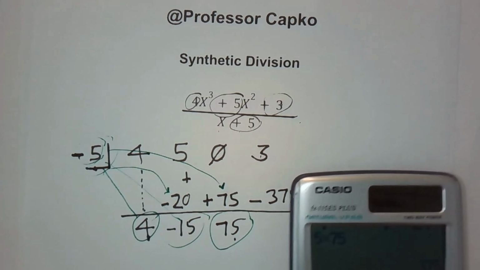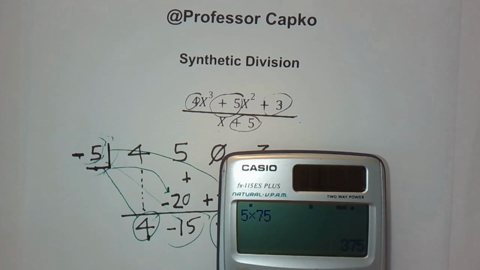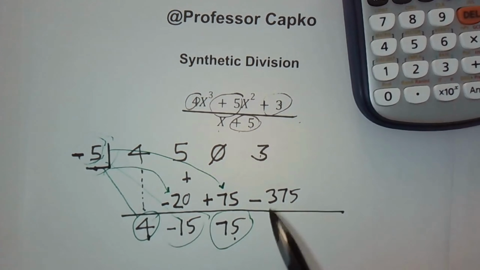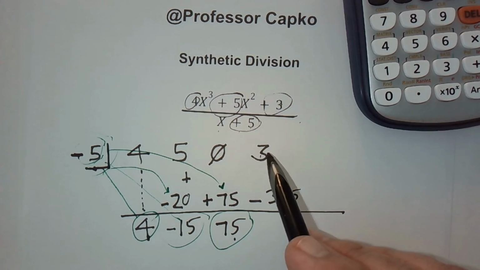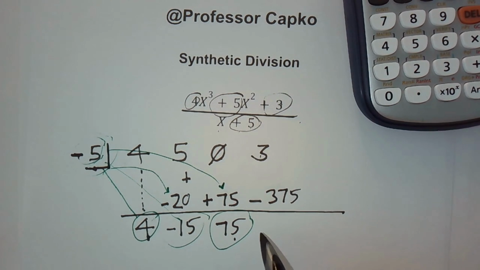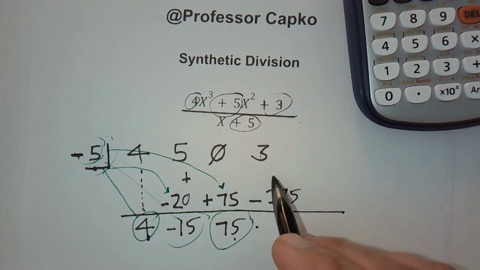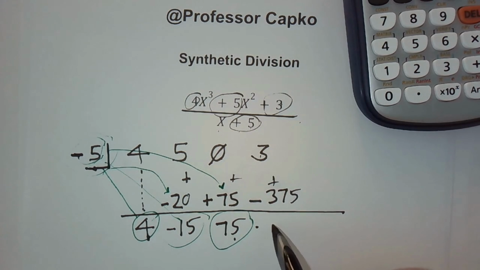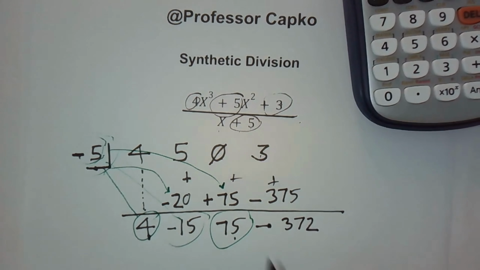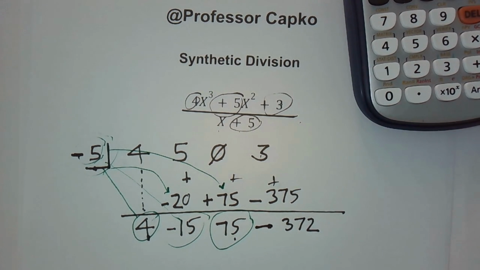We take the 375, which is negative, so I can change the sign on that, and add 3 to it. So it's a positive 3, subtract 375, so that when I combine them, when I add them, that gives me a negative 372. Negative 372.